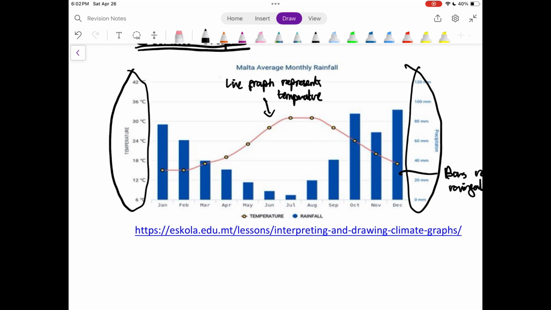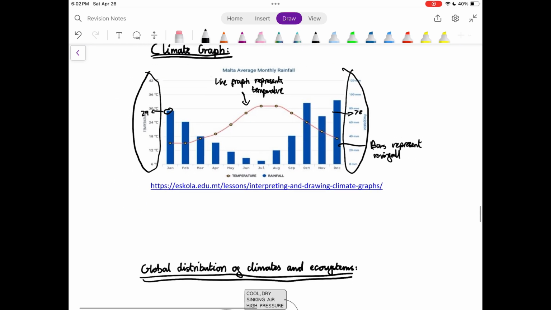For example, you might read this as maybe around 29, but in reality you're supposed to be reading on this side here, and this would be approximately like 78. So it's really important that you look at the axis correctly and read the graph properly so that you don't lose out on easy marks.